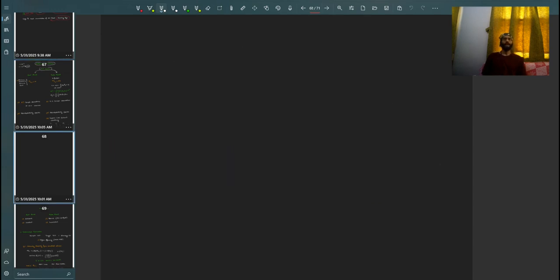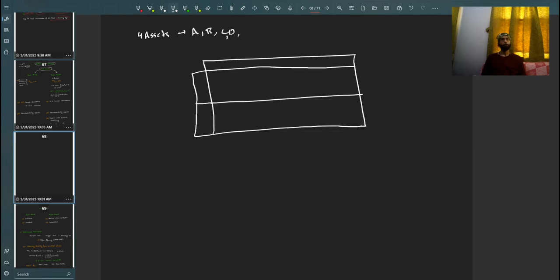Let's say there are 4 assets and we are trying to create an asset based VCV matrix on these 4 assets. These 4 assets, let's say, are A, B, C and D, right? Now the matrix will look something like this, where all the possible pairs are mentioned.